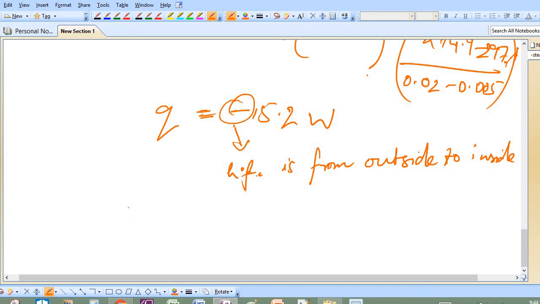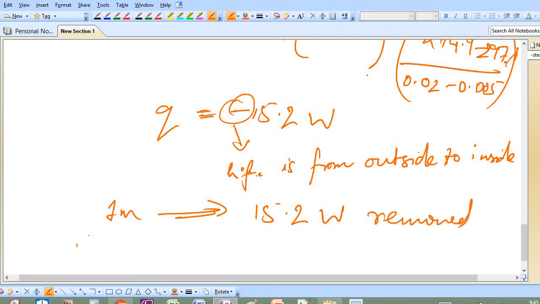So here what we find is that it is removing excess heat for 1 meter. For 1 meter length of cooling coil we are getting 15.2 watt removed.